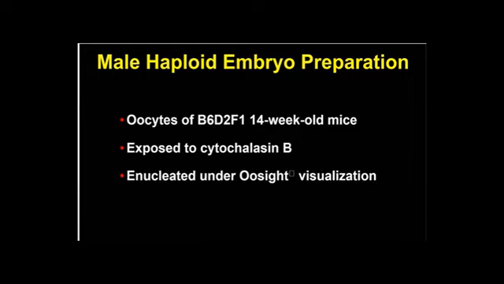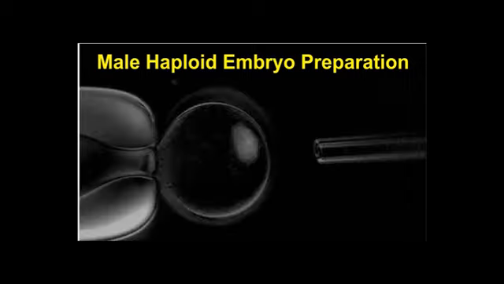Those oocytes are viewed under polarized microscopy to identify the spindle complex and enucleated with micromanipulation. Followed by that, piezo-actuated ICSI will be performed to inseminate the resulting ooplast. And this is how we conduct each step for the male haploid embryo.